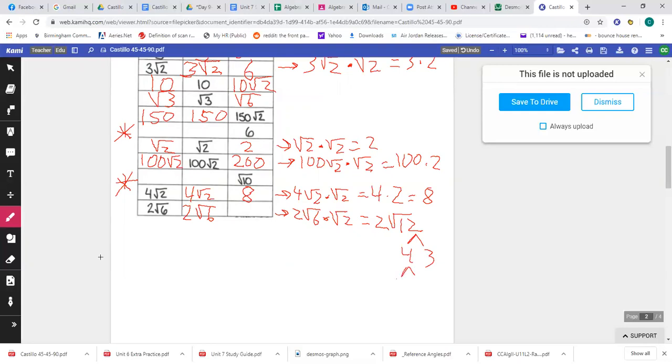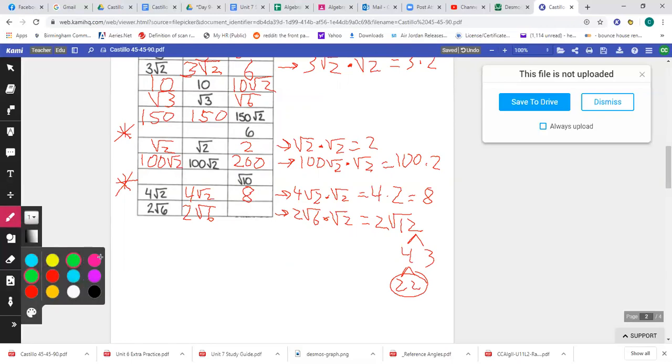And 4 breaks down into 2 and 2. So I circled that 2. And that goes to the outside. But look what I have on the outside already. There's already a 2. So if I bring out another 2, I just multiply those two 2's. So it's going to be 4. And then I still didn't circle the 3. So this is 4 radical 3. Don't worry too much about that last one if you didn't get all the way down to 4 root 3.